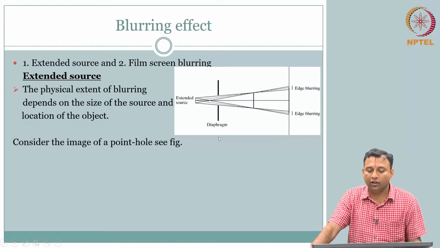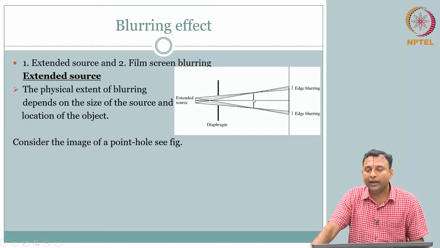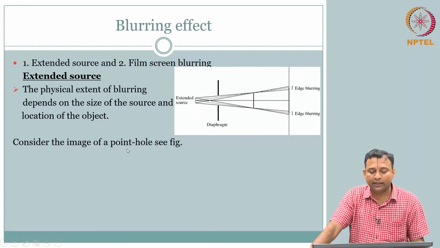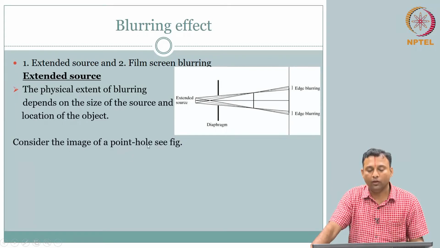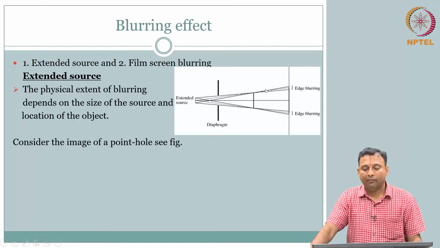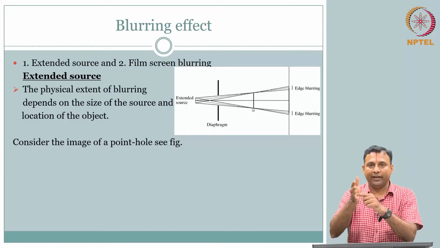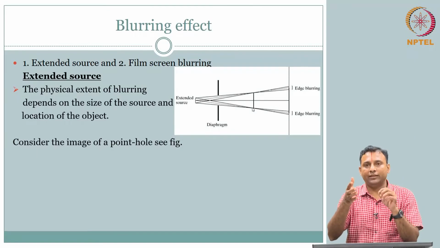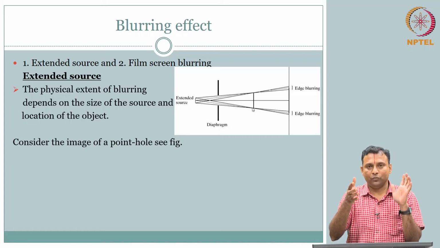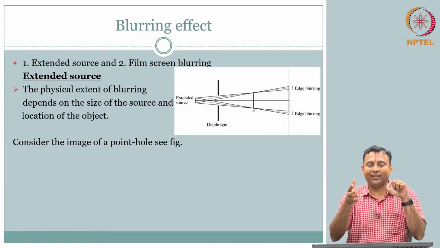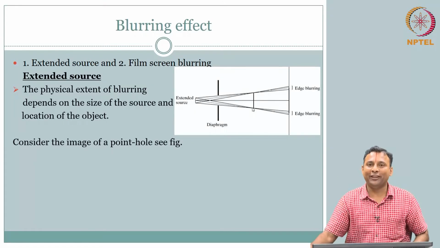Consider the image. Instead of doing an edge, let us characterize this. Let us have a point hole, meaning I have an object which is a point, so you have a hole through which you can see through. Now my source is not a point, my source is an extended source, but my object is a point object.